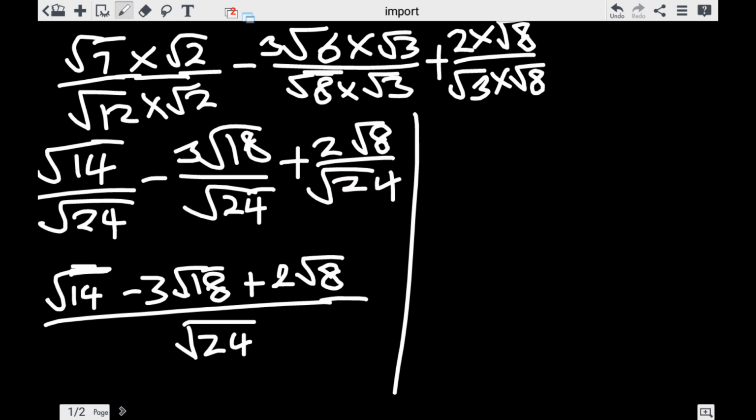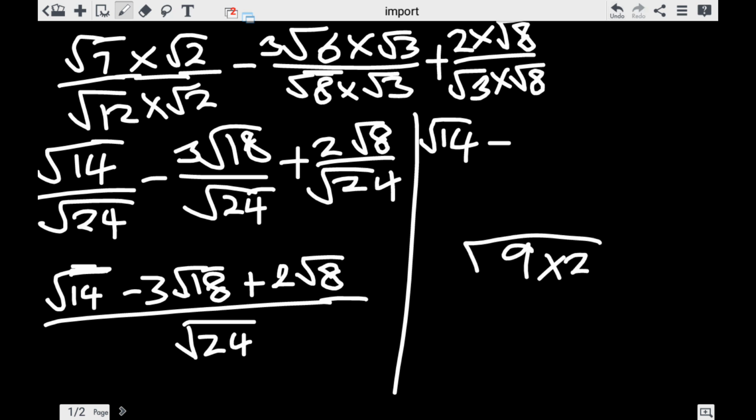So now at this point, you want to factorize 3 root 18 and factorize 2 root 8. But just keep this root 24, this root 14. And what is root 18? You can simply write root 18 as 9 times 2.